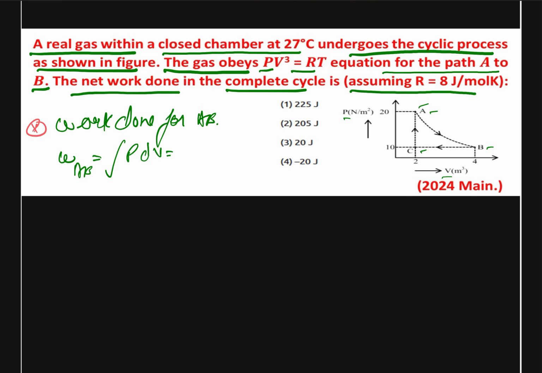The relationship is given between our P, V and RT. So we substitute the value of P, and we get this as RT upon V cube dV, and integration. If we see the volume changes between 2 and 4, so this comes as 2 to 4.